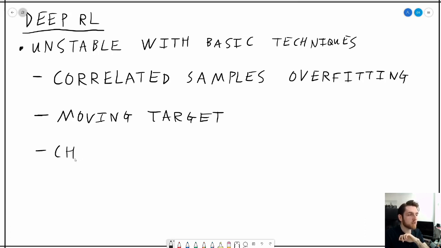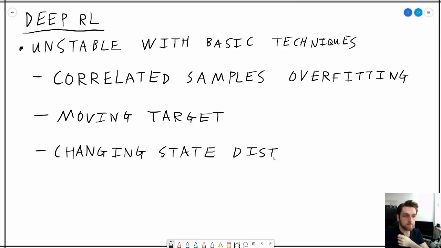And the final thing, which I've already mentioned, is that you have a changing state distribution, which means you're not necessarily genuinely sampling the state distribution under the current policy when you're doing online learning.